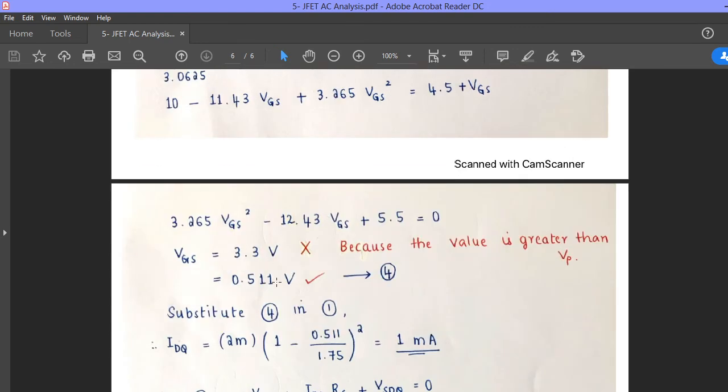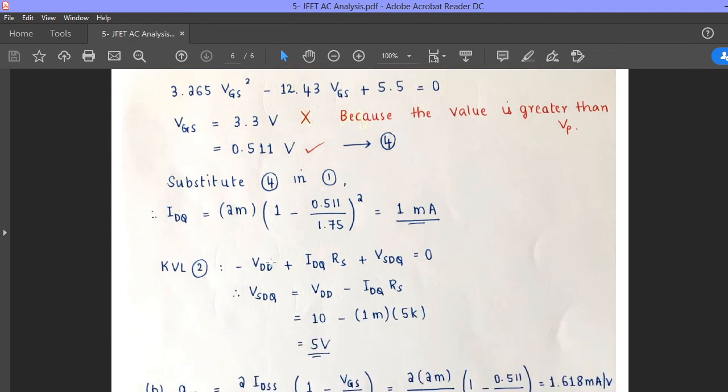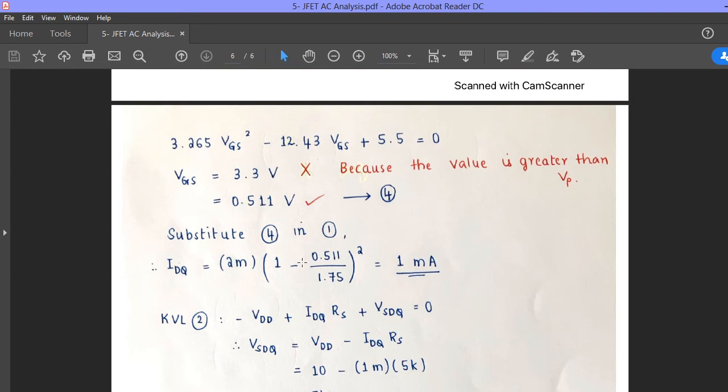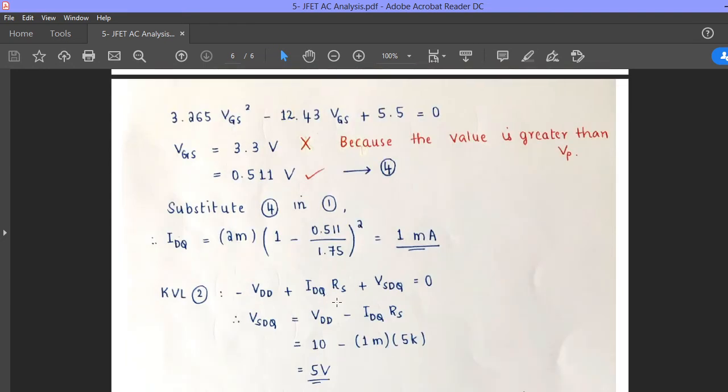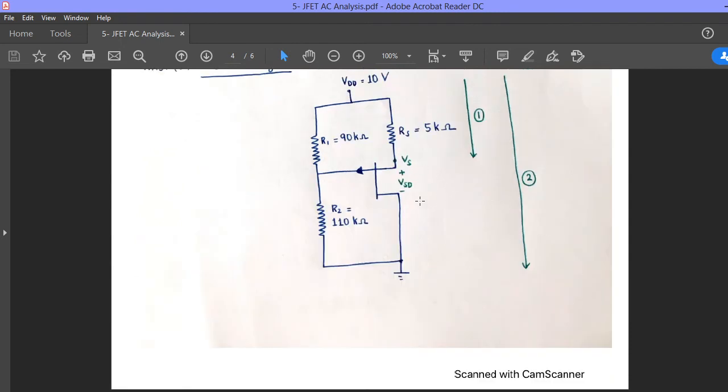So these two are the values, but as we know VGS cannot be greater than VP, so we have to ignore the 3.3 value. VGS cannot be equal to 3.3 volt, but it can be equal to 0.51 volt. So by putting the VGS value here, we got the IDQ value, and by applying the output equation in KVL loop 2, we got the value of VSDQ equal to 5 volt.